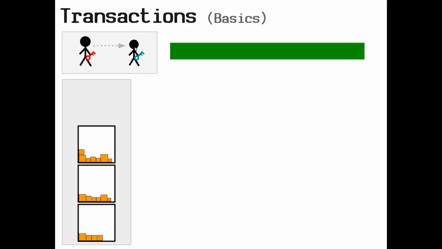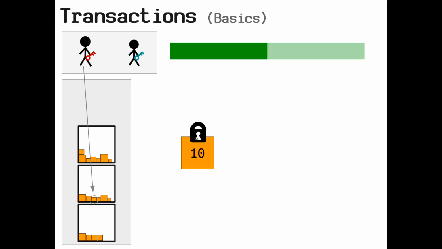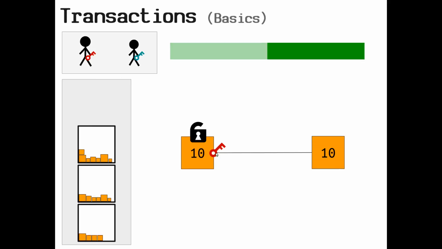And when you want to send them some bitcoins, you go into the blockchain, select batches of bitcoins that you can unlock with your private key, and then create a new batch of bitcoins locked to the other person's address so that they can then send them on using their private key. So again, if they want to send this batch of bitcoins on to someone else, they'll just use their private key to unlock this particular lock that we created for them, and they will send them on. So as you can see, bitcoins form this chain of transactions as they move from one person to another.